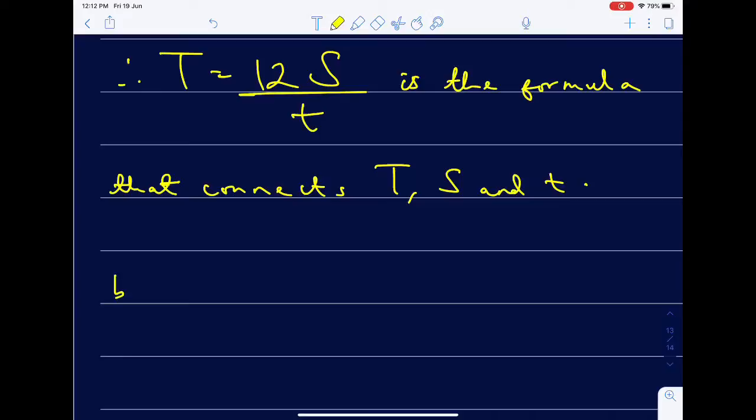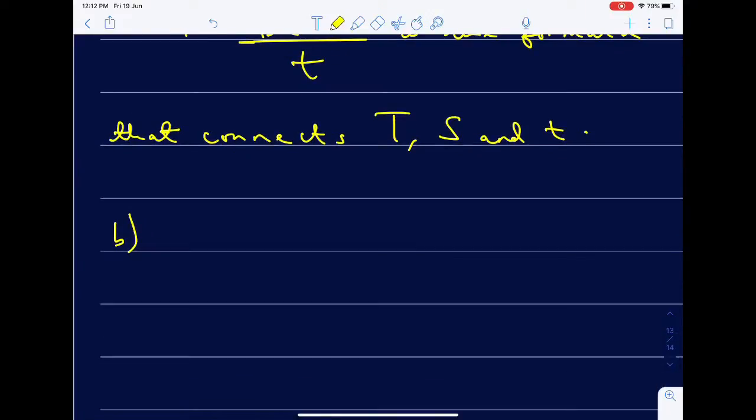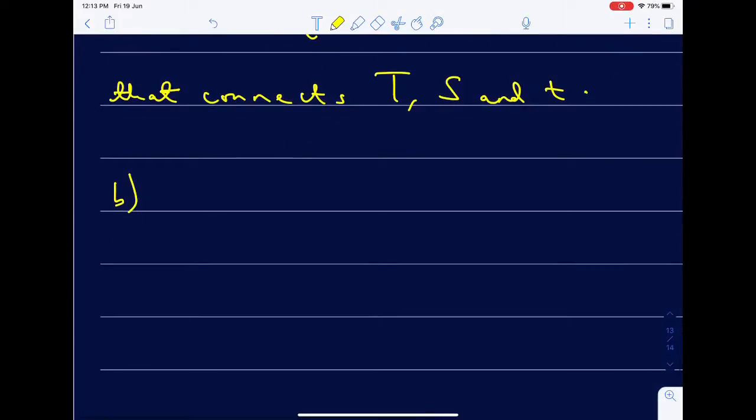Now to question B. Question B says find big T when big S is 33 and small t is 18. So we already know the formula. The formula is T equals 12S divided by small t.